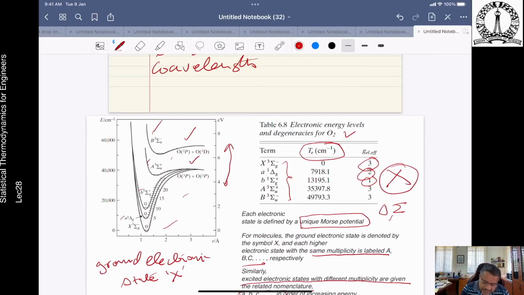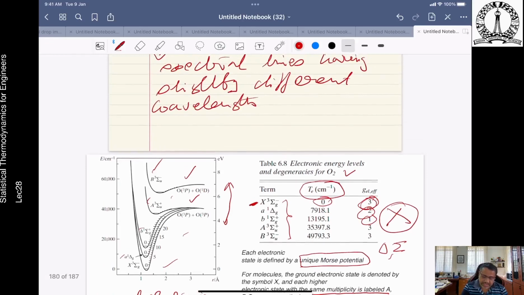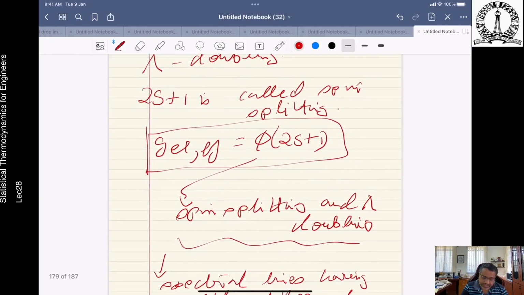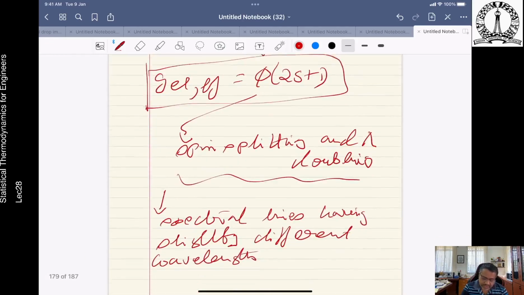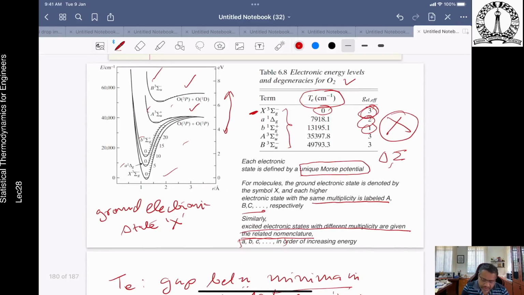As we see, for the ground electronic state, which is given as X, T_e is obviously equal to 0, and the effective degeneracy is 3. We know why it is going to be 3. Now, this is an excited state for which there is a T_e, and the effective degeneracy is given as 2. Similarly, this is an even higher excited state, because A, B, C are in order of increasing energy.